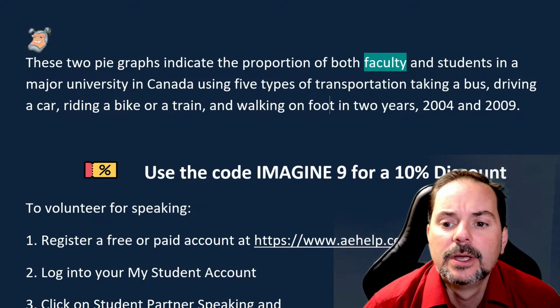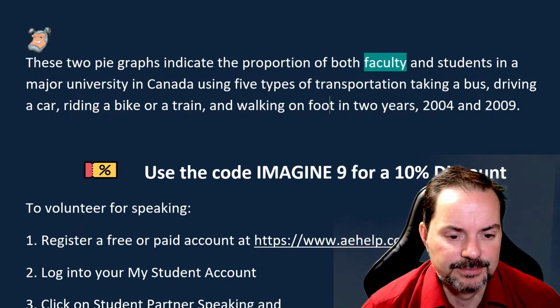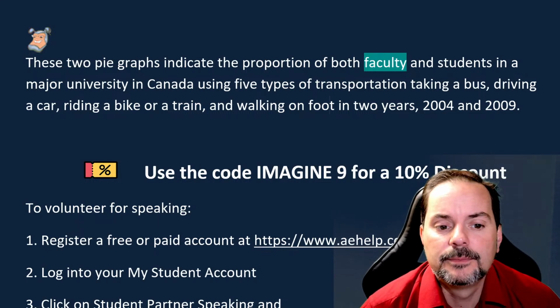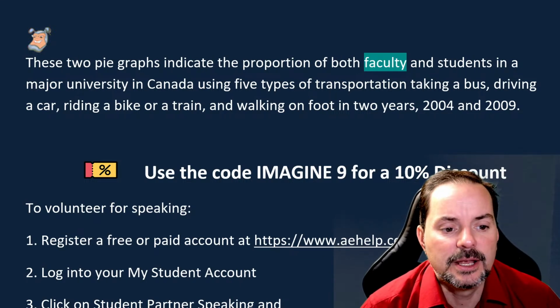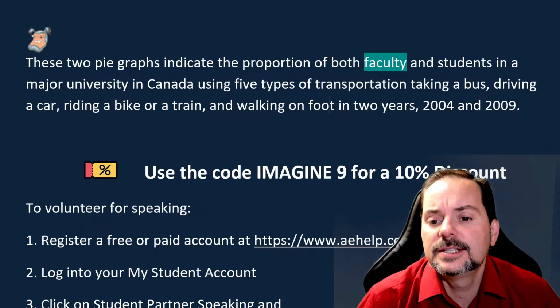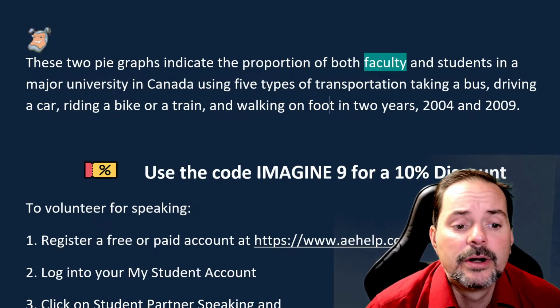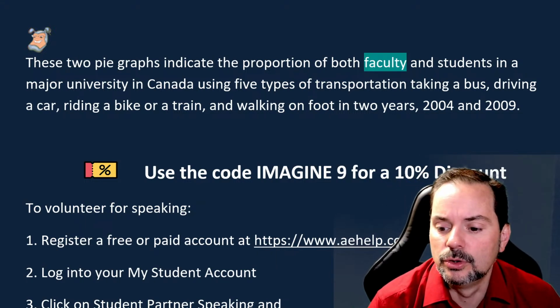It's a good word to know, especially if you're going to university. So these two pie graphs indicate the proportion of both faculty and students in a major university in Canada using 5 types of transportation: taking a bus, driving a car, riding a bike or a train, and walking on foot in 2 years.